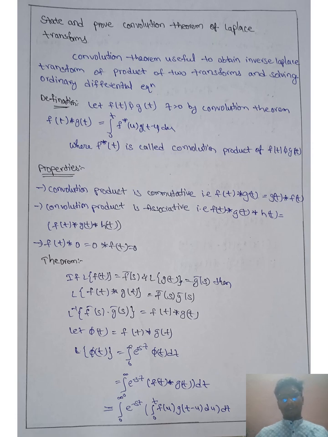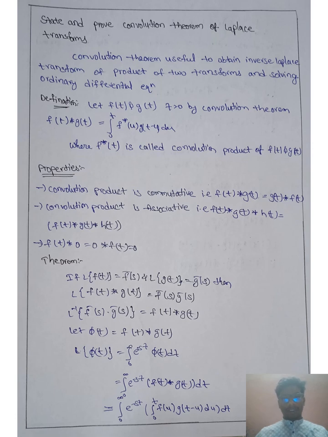Let phi of t equals f of t star g of t. The Laplace transform of phi of t equals the integral from 0 to infinity of e to the minus st phi of t dt.